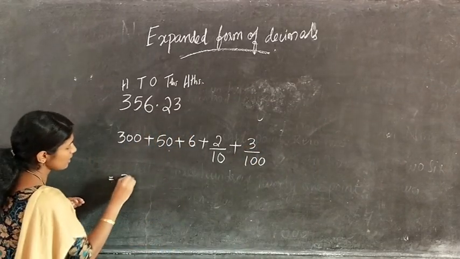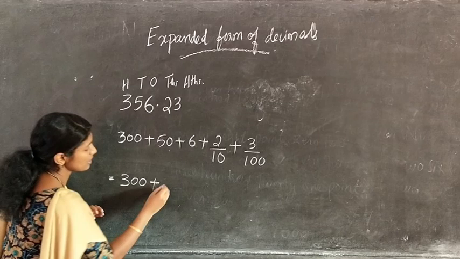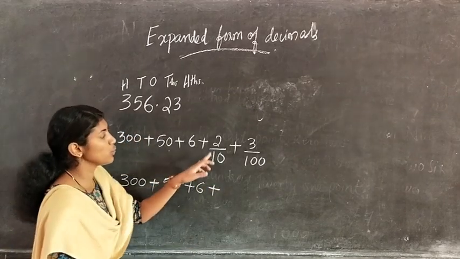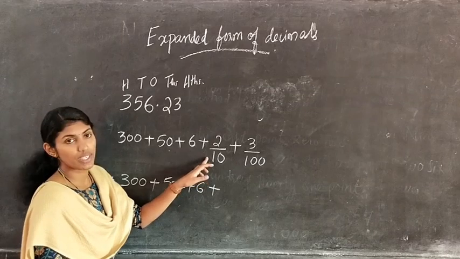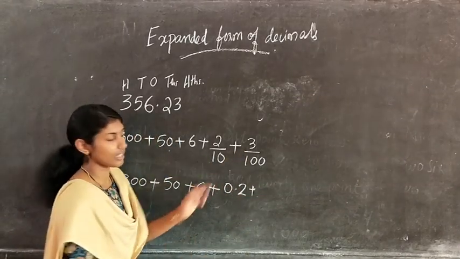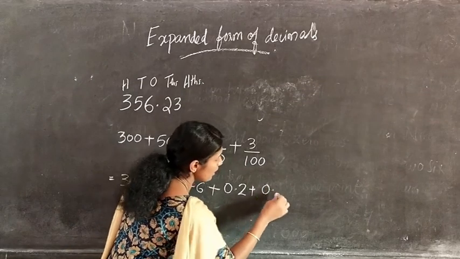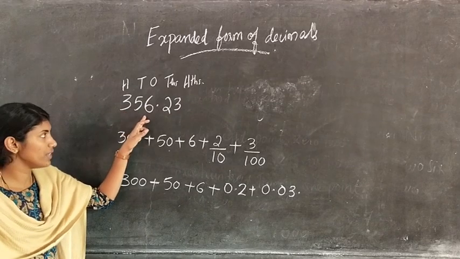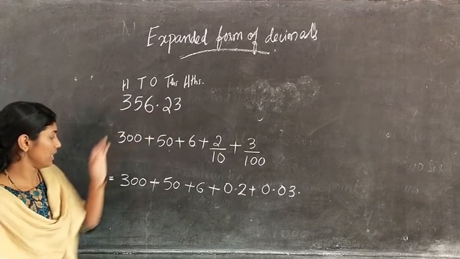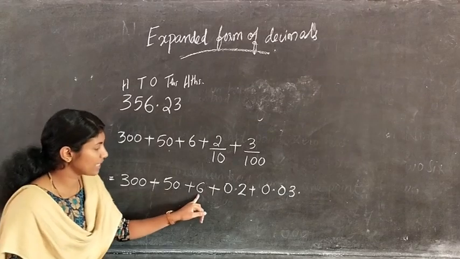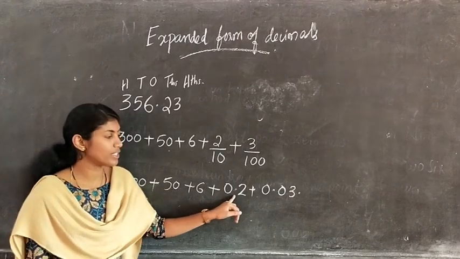And we can write it as 300 plus 50 plus 6 plus this 2 by 10 can be converted into decimal as 0.2 plus. Then 3 by 100 equal to 0.03. The expanded form of 356.23 is 300 plus 50 plus 6 plus 0.2 plus 0.03.